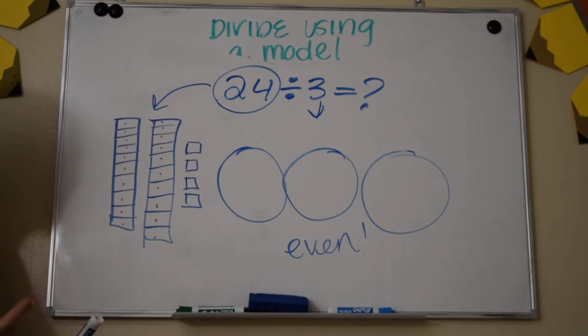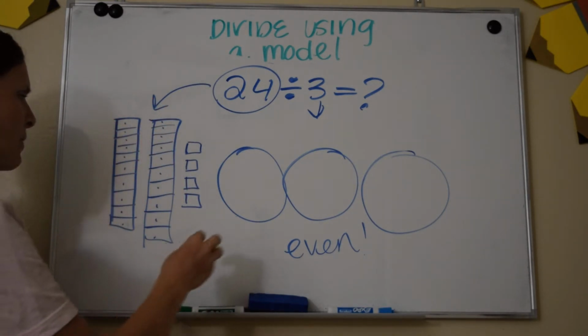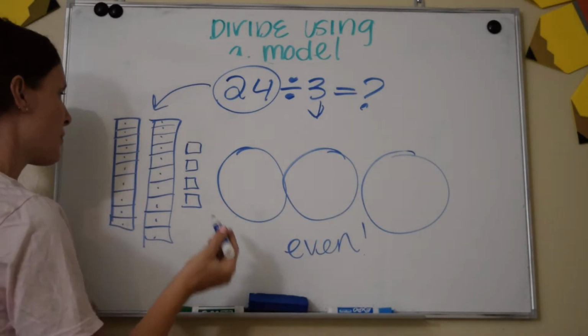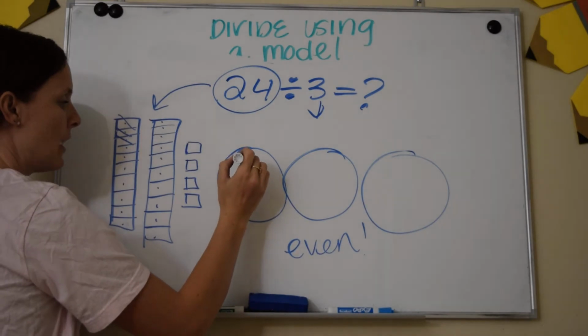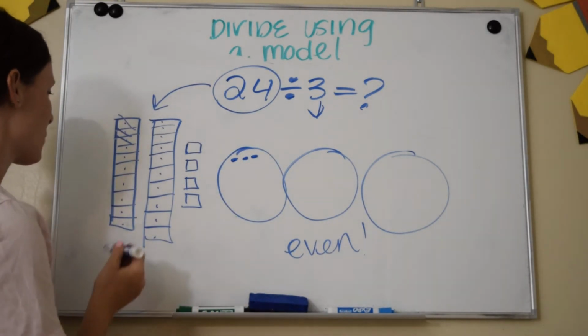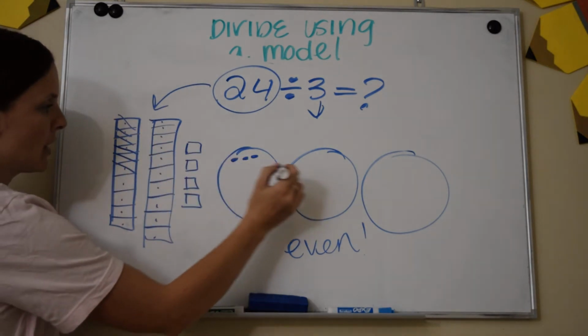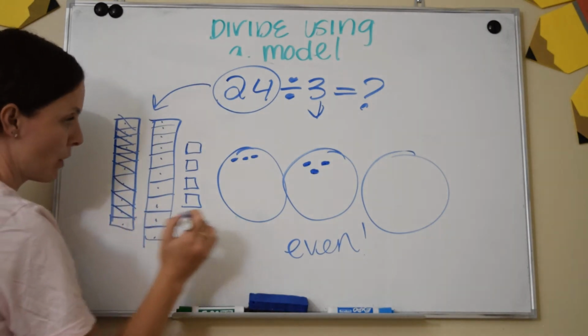I'm going to do 3 at a time just because we have more blocks to work with, and I can definitely put 3 in each to start out with. So 1, 2, 3. Notice how I cross it out every time to make sure I don't recount a block, because then that doesn't work. 1, 2, 3. You don't want to repeat any. And then 1, 2, 3.